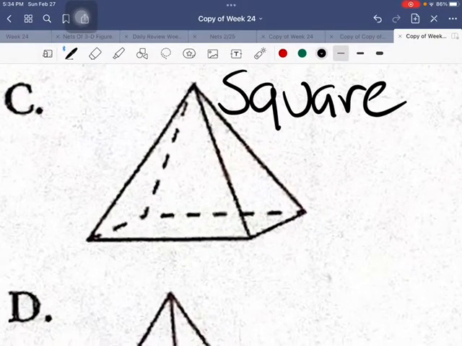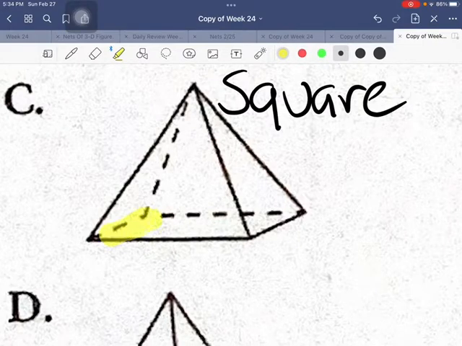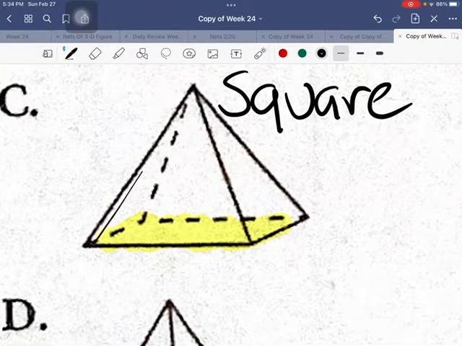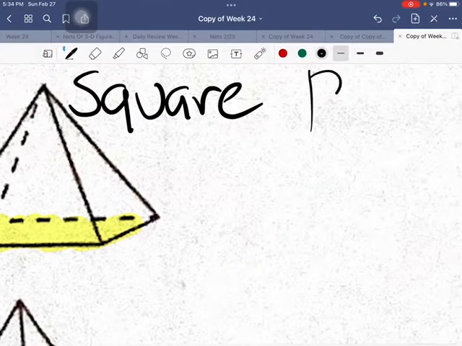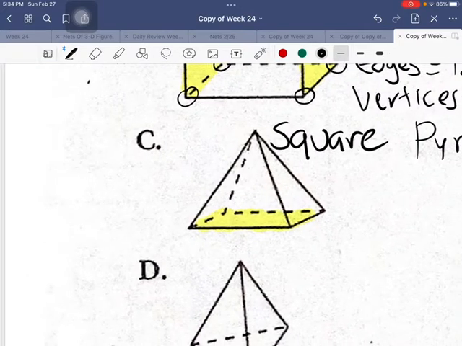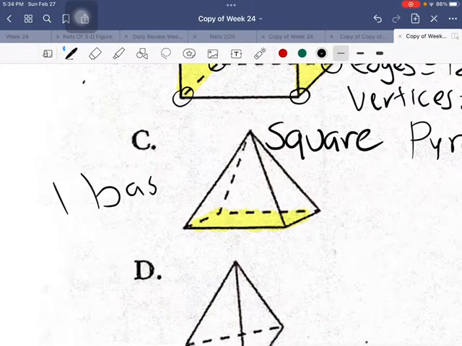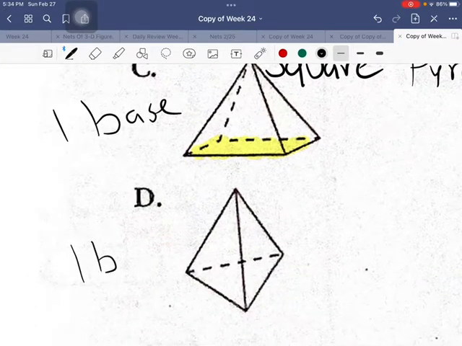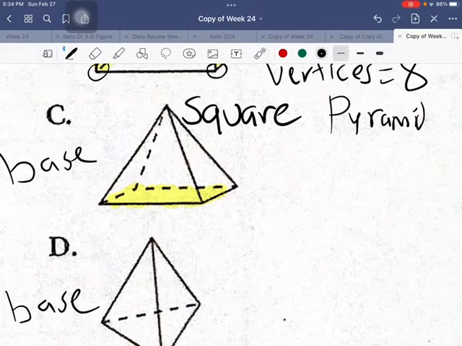Now, how many bases does it have? Just one, right? And the shape it has, the form it has, pretty sure you already know that it is a pyramid. One base means it's a pyramid. Likewise for this one. A square pyramid.